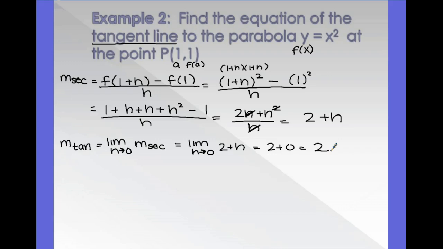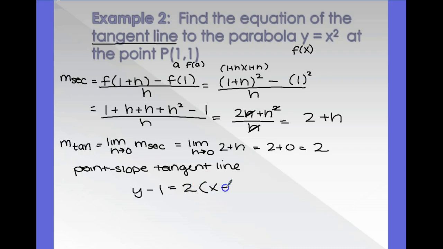The equation of a tangent line comes from the point-slope form. So we do y minus y1, or f of a in this case, which is 1, equals the slope of the tangent, which is 2, times x minus x1, which is 1.